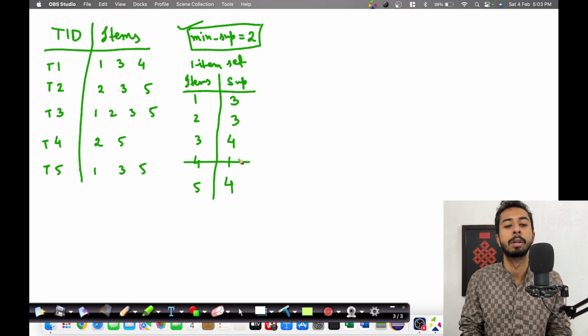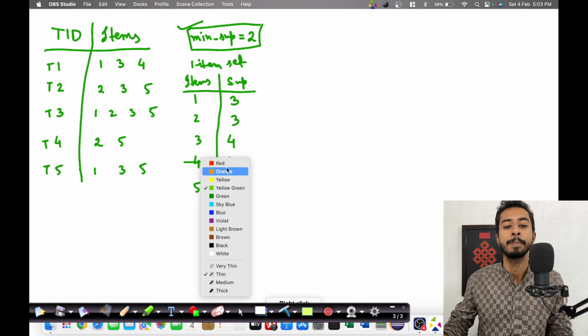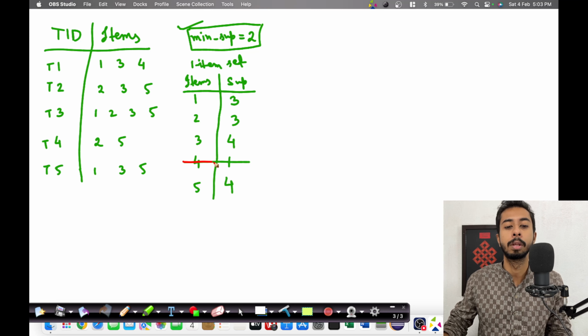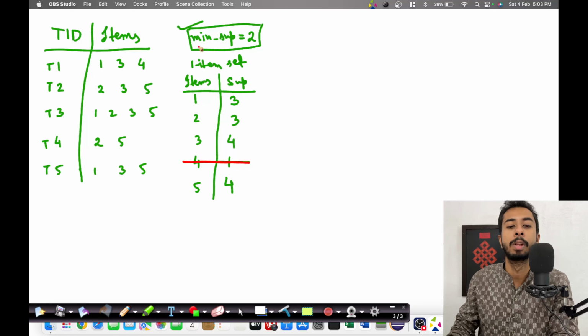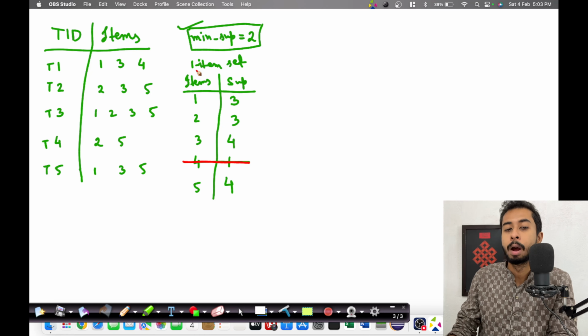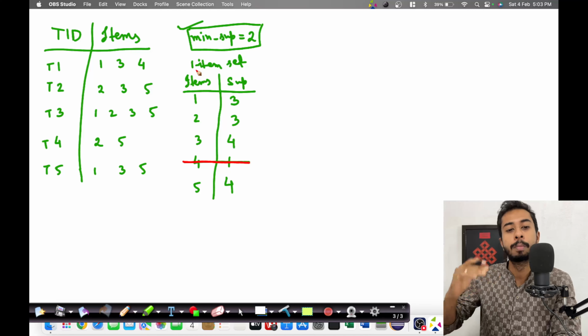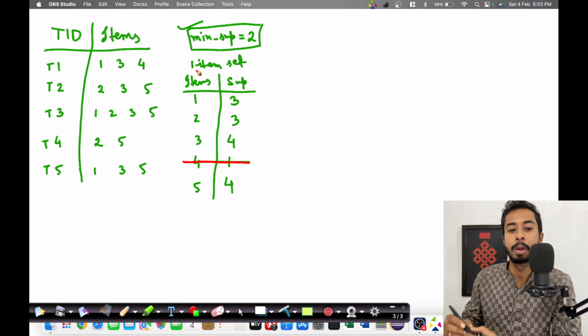We'll not consider this. That is how the minimum support is used. We'll discard any items which have a support count below the minimum support count.